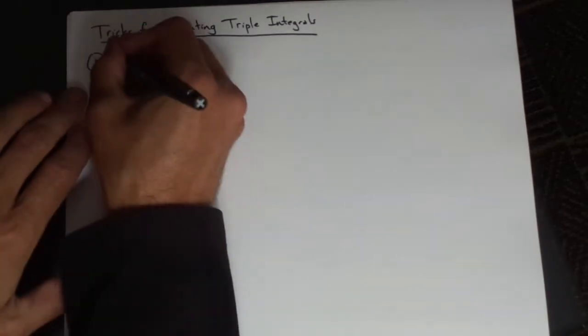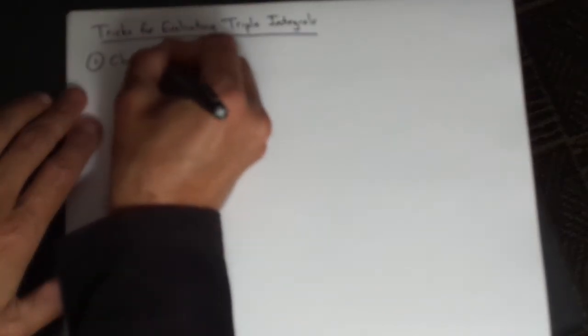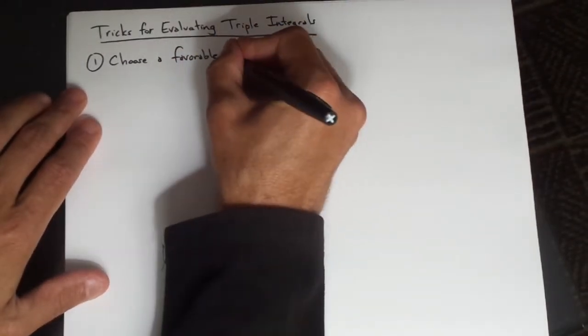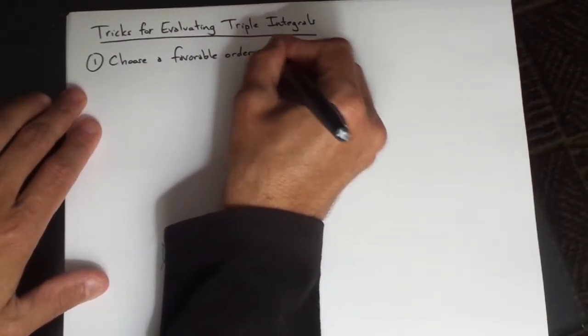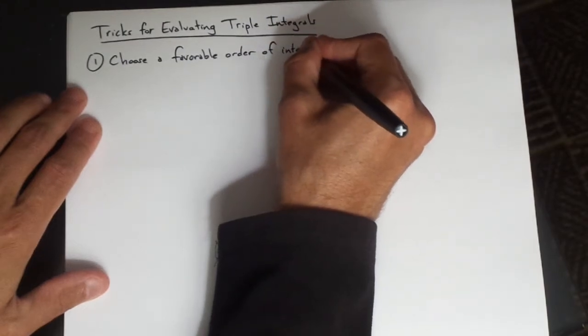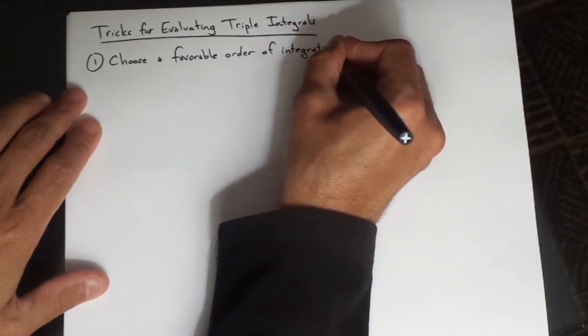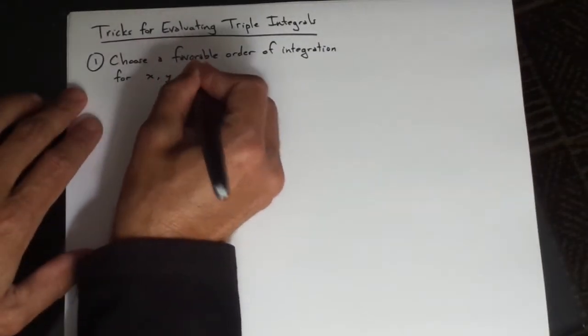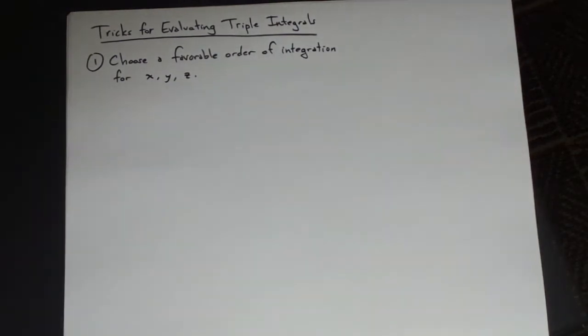Okay? The first trick, we've already been talking about it, is to choose a favorable order of integration. Remember, it's a little trickier for a triple integral because you have 6 different possible orders. So you have x, y, and z that you can integrate in any order that you like.